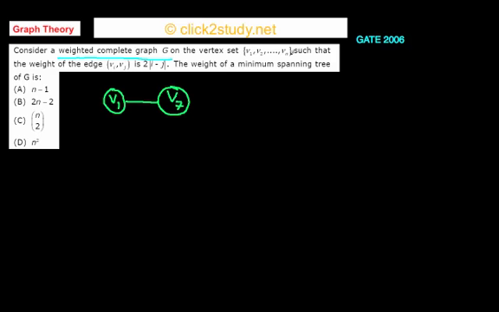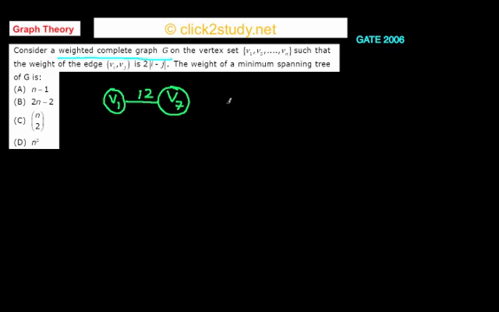Every vertex will be connected to every other vertex, so there will be an edge between any pair of vertices in this graph. What will be the weight of this edge? It will be 2 times the absolute value of i minus j. Here i is 1 and j is 7. So 1 minus 7 in absolute value is 6, and 2 times 6 is 12. So the weight of this edge will be 12. That's the main point, how the weights are given.